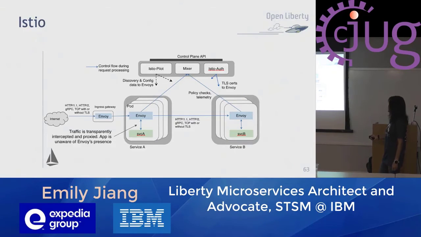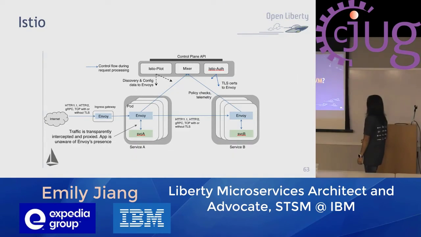So when one service has a request going out, that request is packaged with an extra layer. That extra layer is very powerful. It can add a lot of quality of service. It can add extra security. Even if you're calling an unsecured backend, it can make sure the transport layer is secured.